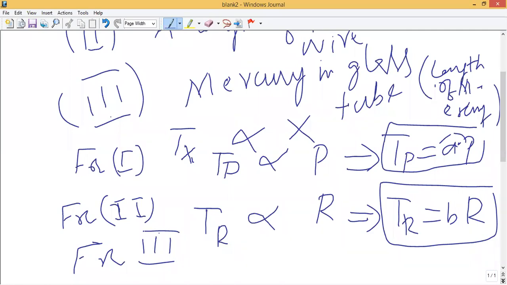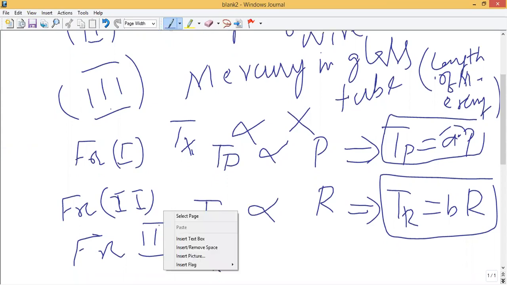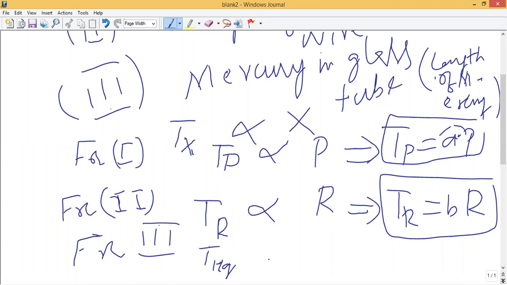Okay, so for mercury length, the length of mercury, we write T mercury Hg, that is directly proportional to the length of the mercury column.